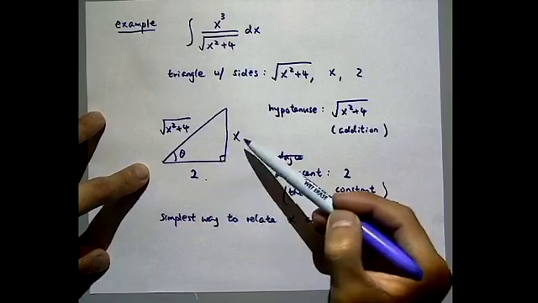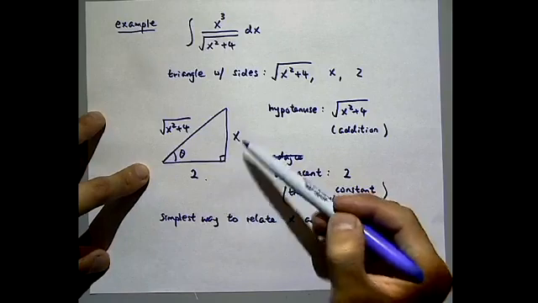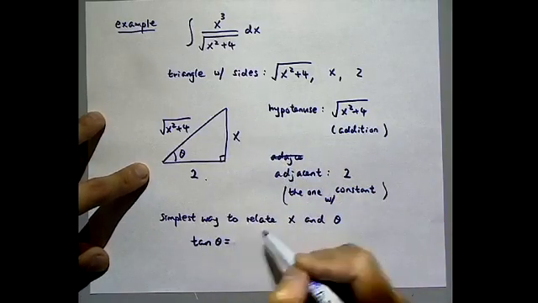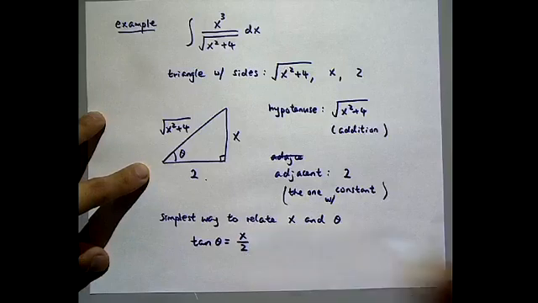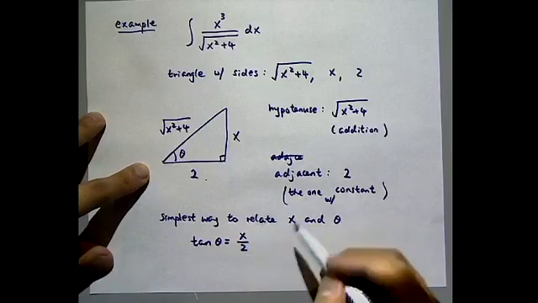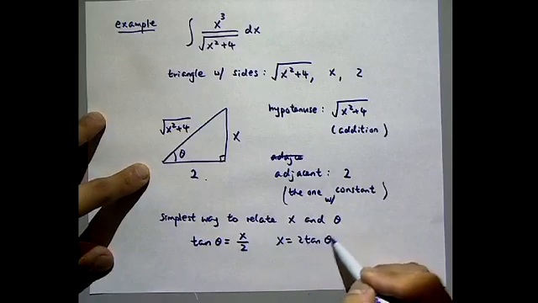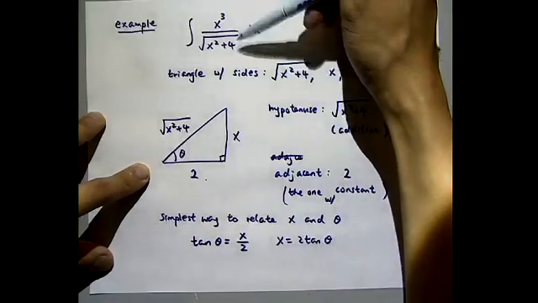What trig function works with those two? Tangent, very good. So there we go. This means x is equal to 2 tangent theta. So that takes care of these x's.